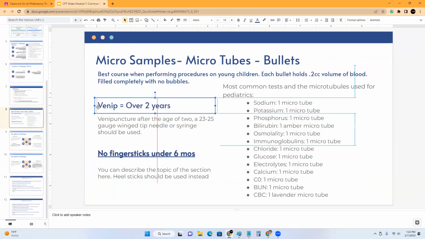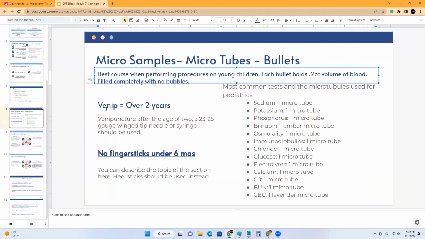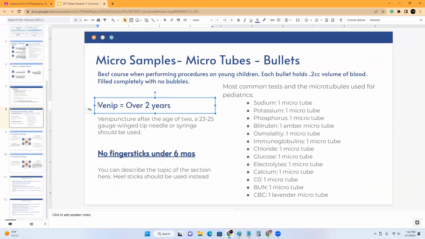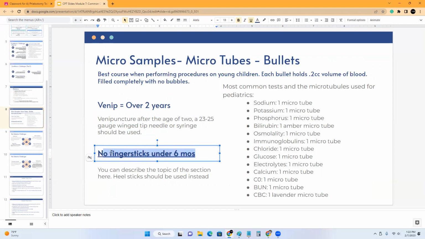I will teach you how to use these in the office. Venipunctures are okay for 2 years and over. Venipunctures after the age of 2 can be done with a butterfly of 23 to 25 gauge, or a syringe should be used. There should be no finger sticks done on somebody under 6 months old.